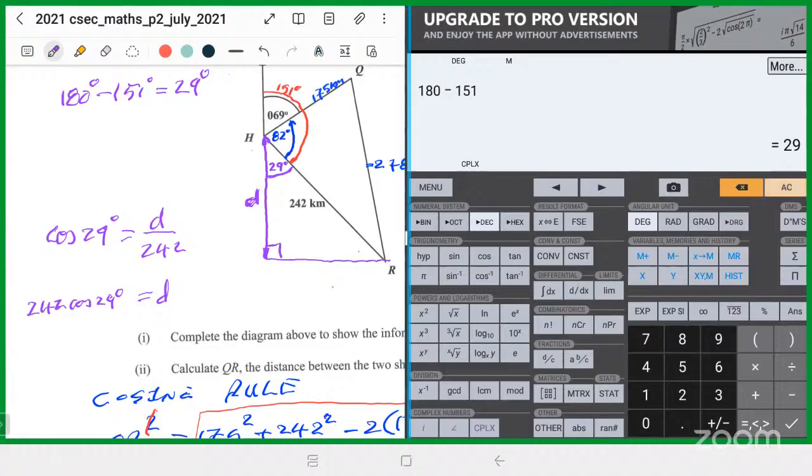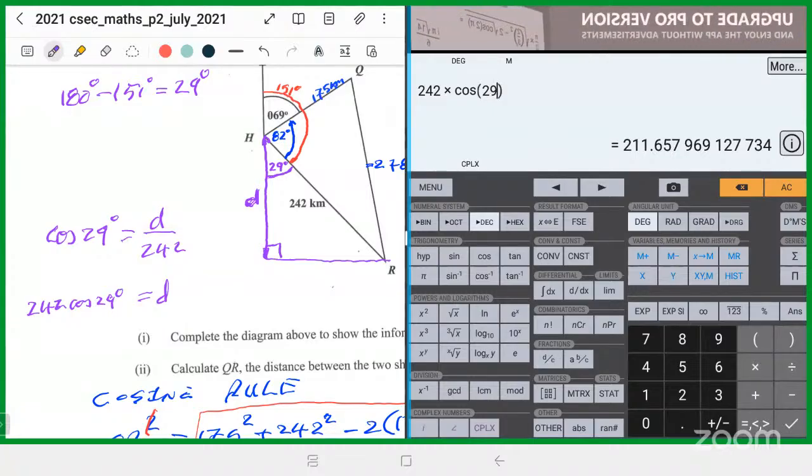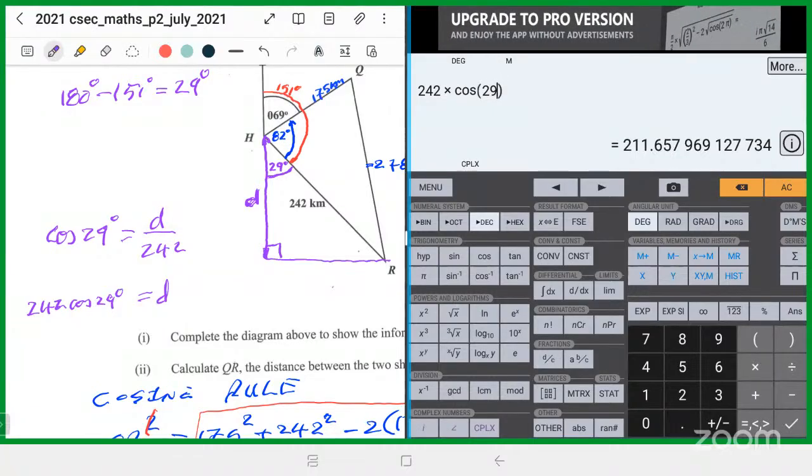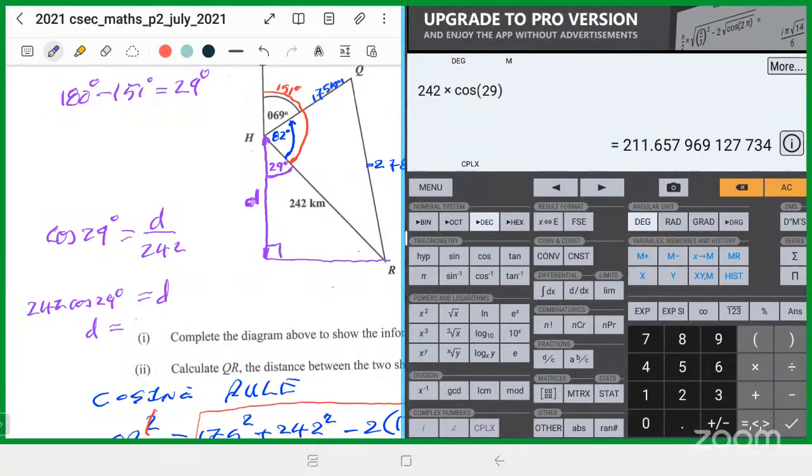Let's work it out over here: 242 times the cosine of 29. And so that's 212. So D equals 212, and that's kilometers. And this is the calculation that we want.